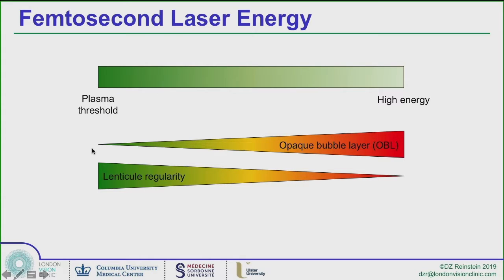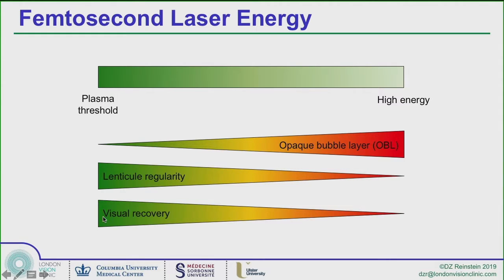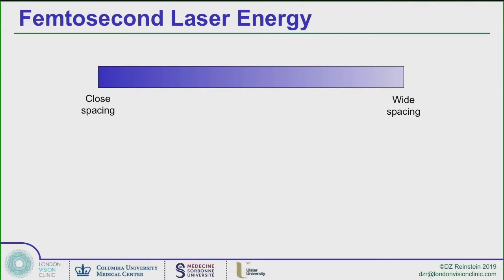The lower the energy, the more regular the cutting, but it might be harder to separate the interface. We do know that lower energies give better visual recovery, but you can't be too close to the plasma level because there's a small variation during cutting and between individuals. So you don't want to end up with subthreshold cutting in certain areas where you end up bluntly dissecting and causing irregularities. So you need to be a little bit backed off the threshold level. That's essentially where the energy needs to be.